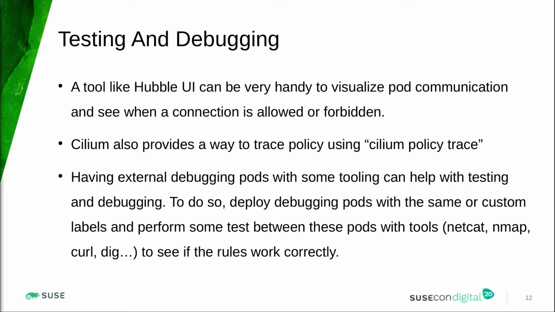Having the same labels means they will be selected by the network policy we are trying to test, and then we can see if the traffic is allowed or not, or if the rules in general are working correctly. So here we've seen three ways to test and debug, and of course we will see the three of them during the lab.